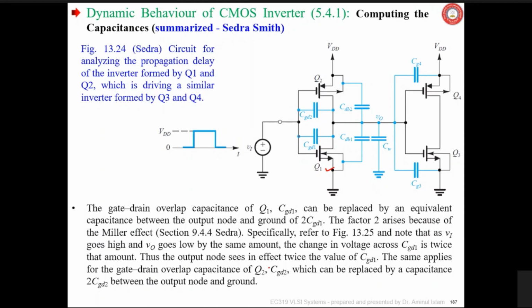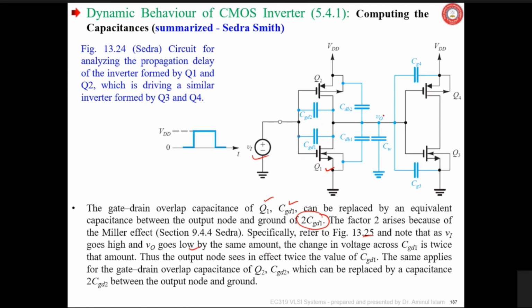For that, what has to be done is, the gate drain overlap capacitance of Q1, CGD1, can be replaced by an equivalent capacitance between the output node and the ground with double value, 2 CGD1. The factor 2 arises because of the Miller effect. Specifically, refer to this figure and note that VI, the input voltage, goes high and VO goes low by the same amount.